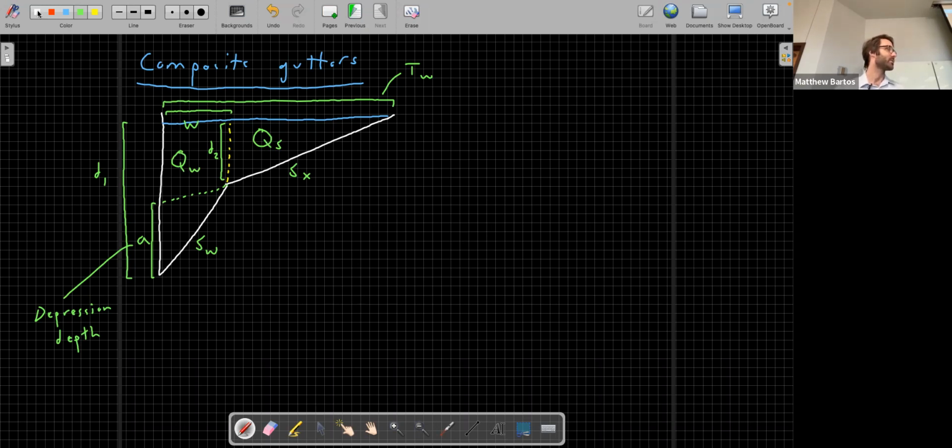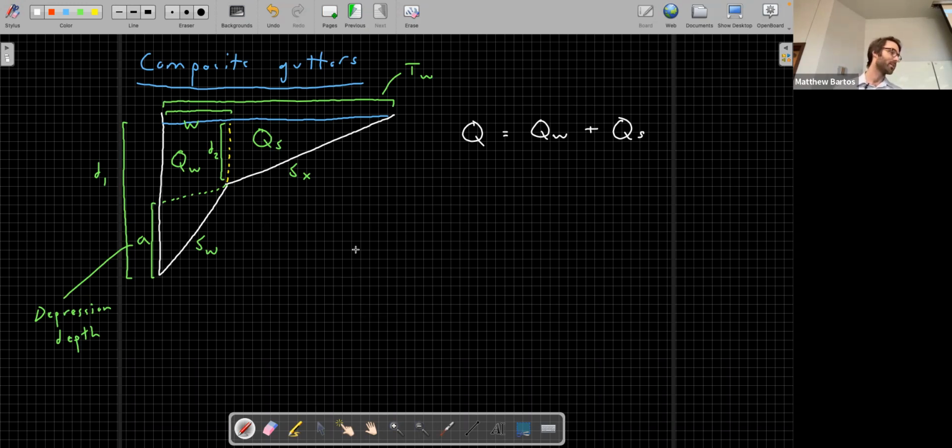And the total discharge, Q, is equal to QW plus QS. So we can essentially just apply Izzard's equation to each individual section. And from that, we can determine the relationship between the total spread and the total discharge.